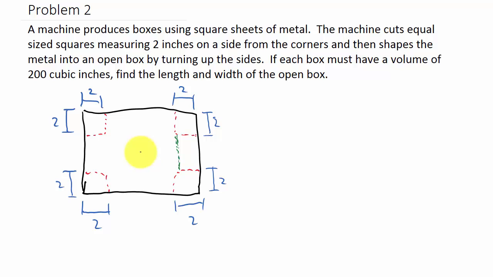See how this part and this part are not going to be here. So the length of the bottom right here, this length here, that's going to be what? Well, if we call this, I guess we could call it X maybe.